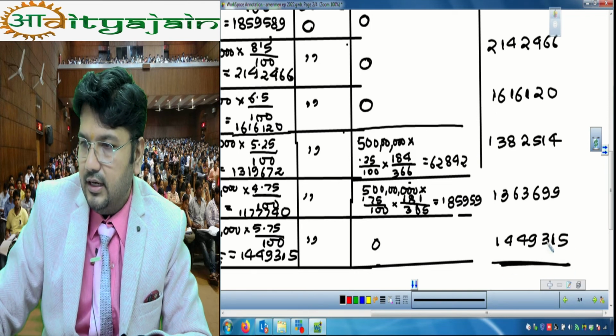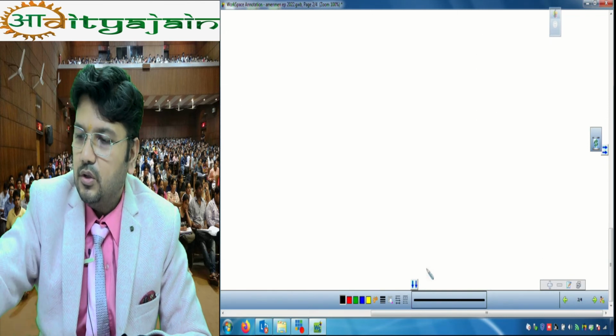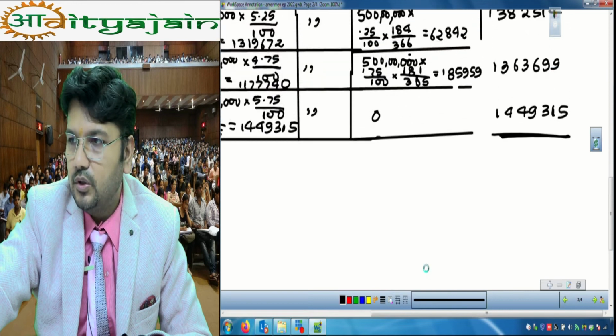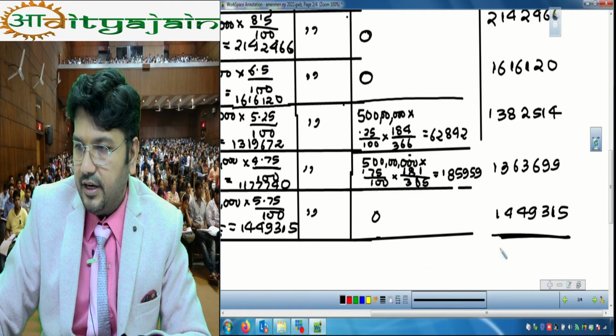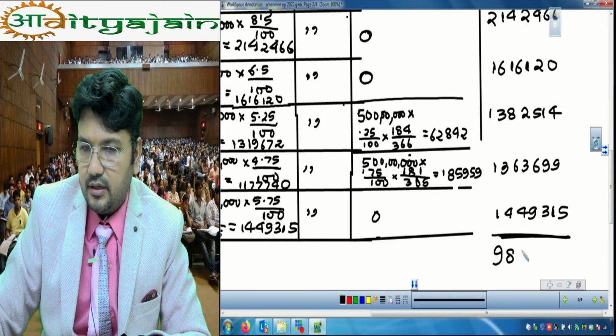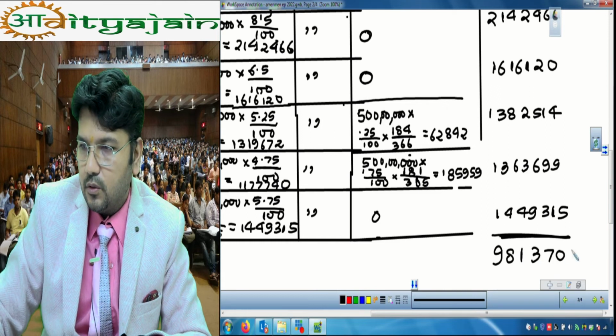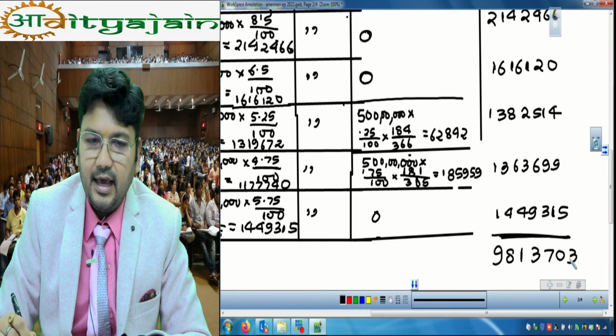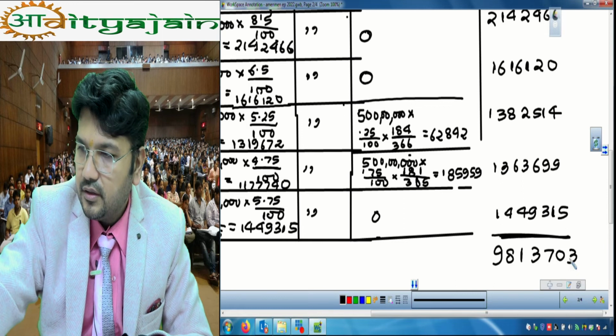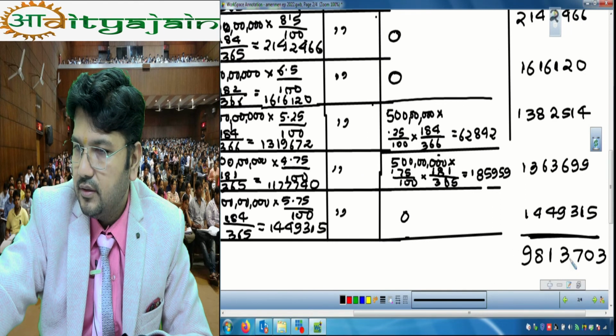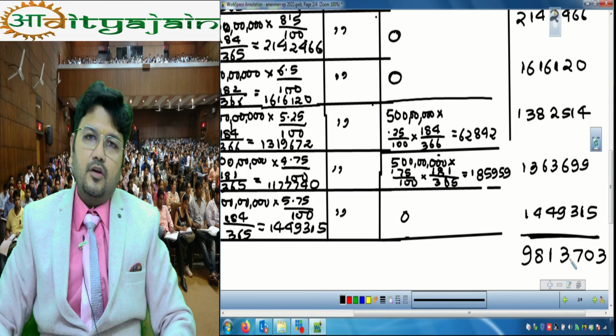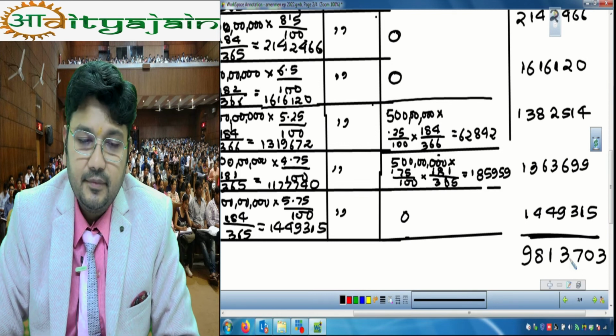So the total is coming. Please do the total. This is the effective rate. Let's write the total also. 9813703. Fine. So first part is completed.